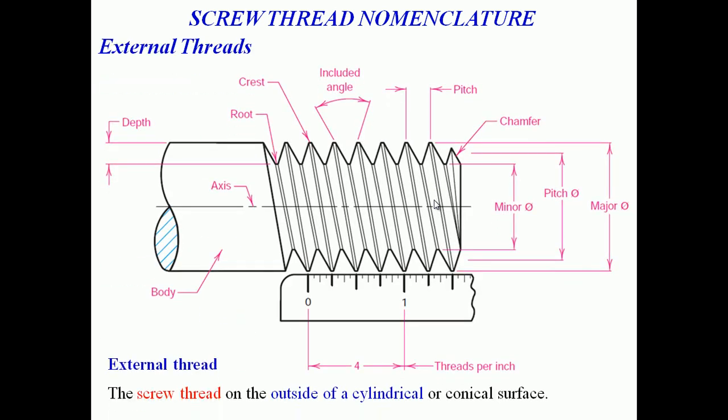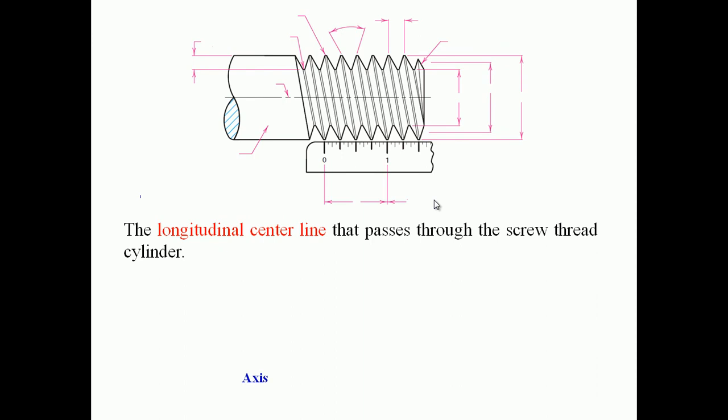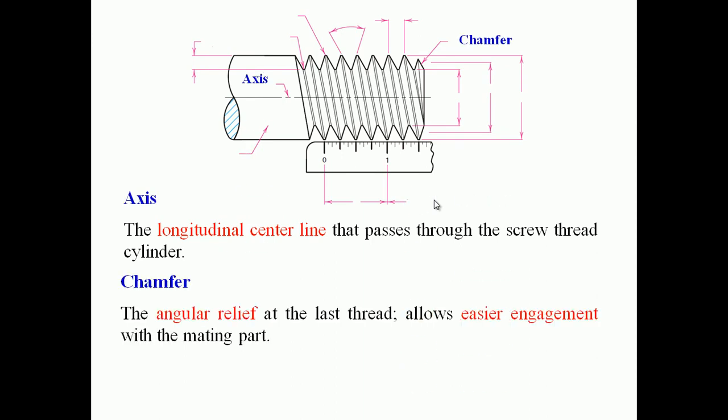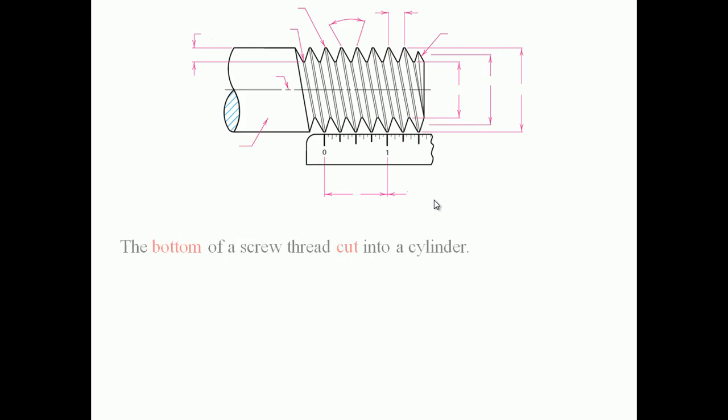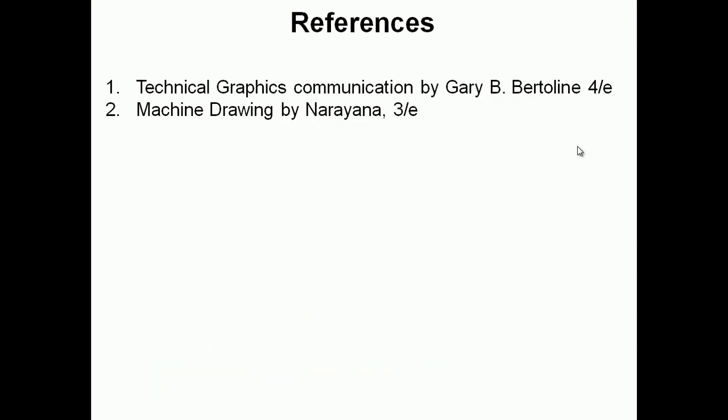All these terms we have come across: axis, chamfer, crest, root, depth, and the thread angle. These are the references you can go through for further information about screw fastenings, screw thread nomenclature, and thread forms: Machine Drawing by Narayana, or Technical Graphics Communication by Gary. These two I have referred.